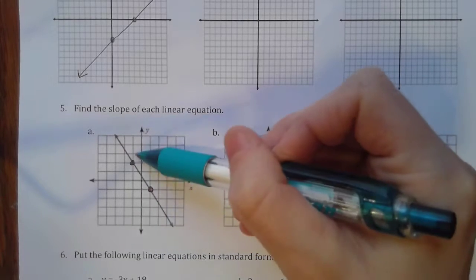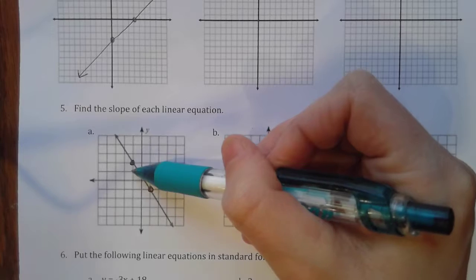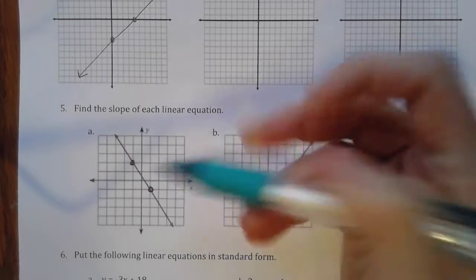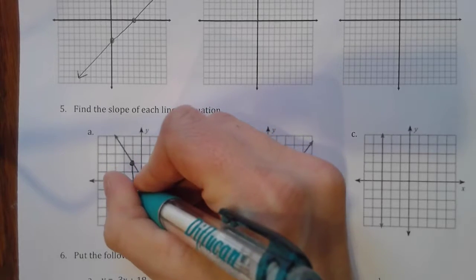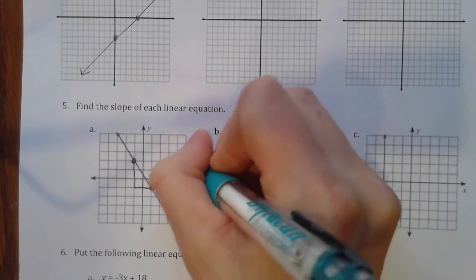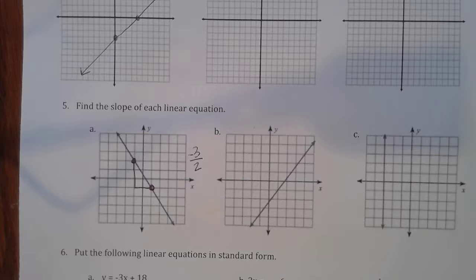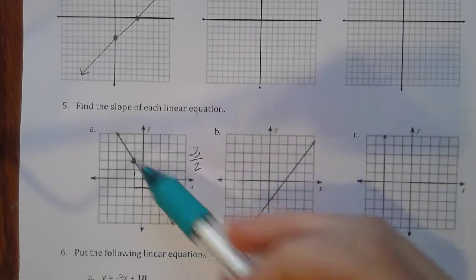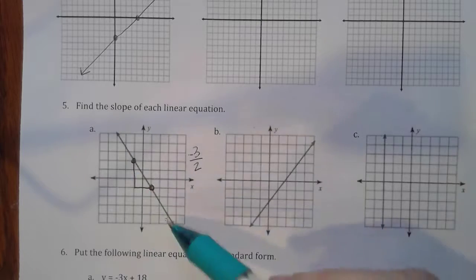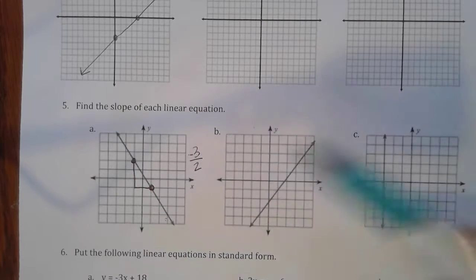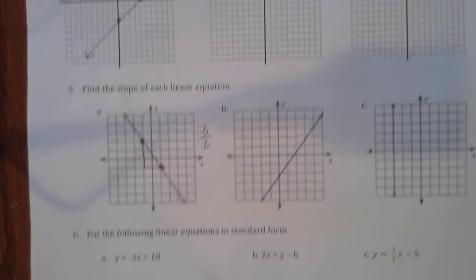To get to this next one, we have to go down first. So I'll go 1, 2, 3, down 3, so that's -3, and over 2. So -3 over 2 is your slope. And you can just double check that in your mind real quick. This line is going down, so my slope should be negative. Okay, so that's why it's -3 over 2.